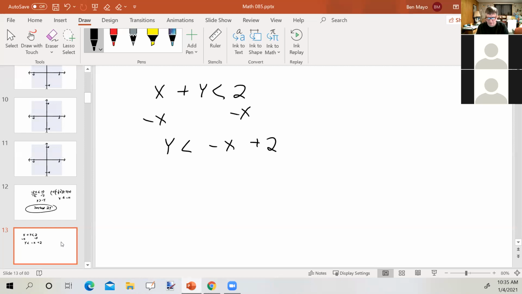Now, if I looked at the related equation, I'd have y equals negative x plus 2. And this would have a slope of negative 1 and a y-intercept of 2.